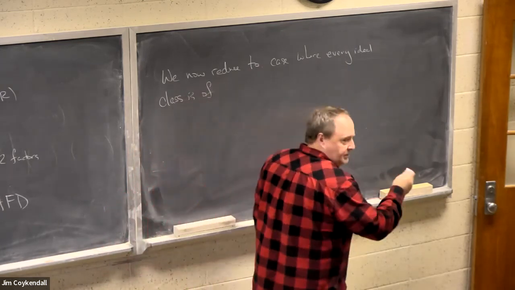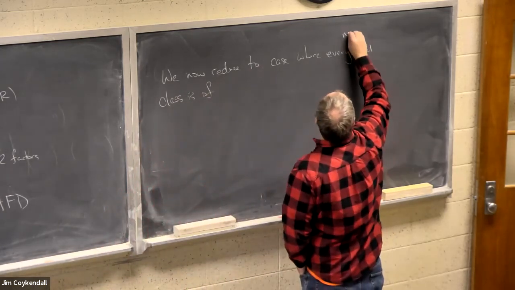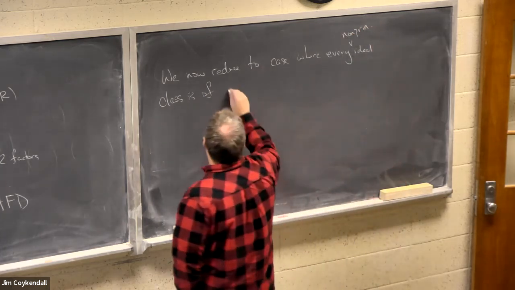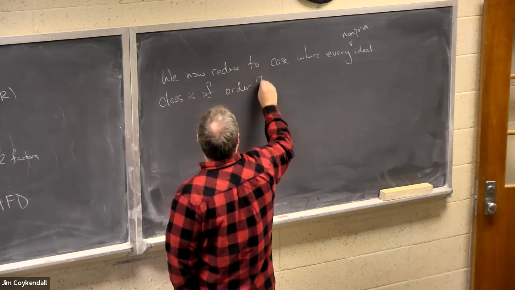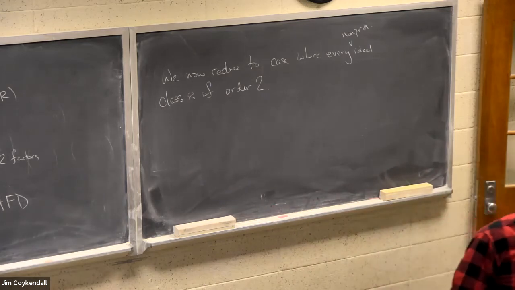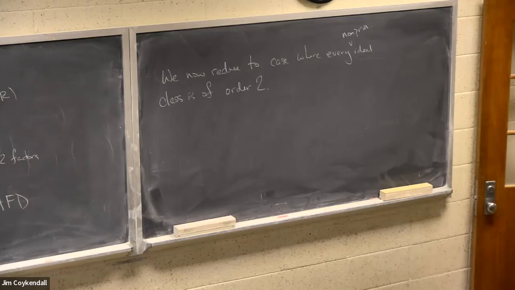Every non-principal ideal class is of order 2. Let me point out that for rings of algebraic integers, since the class group is finite, that means we're down to the case of a two-element group. But actually, it doesn't matter. That's not going to come up in the proof.